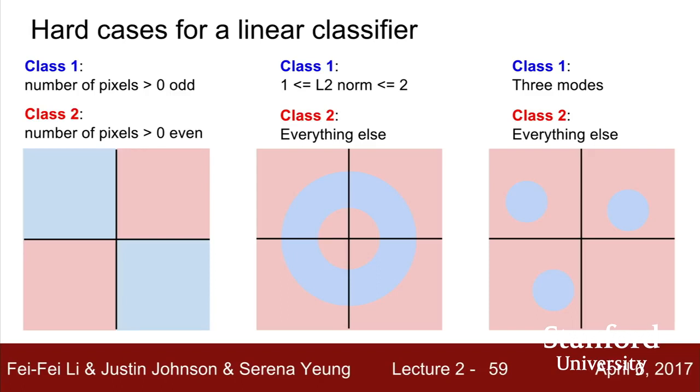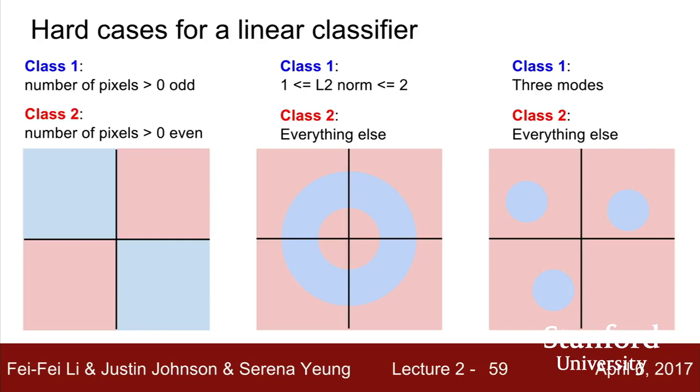If you draw what these different decision regions look like in the plane, you can see that our blue class with an odd number of pixels is going to be these two quadrants in the plane, and even will be the opposite 2 quadrants. So there's no way that we can draw a single linear line to separate the blue from the red.